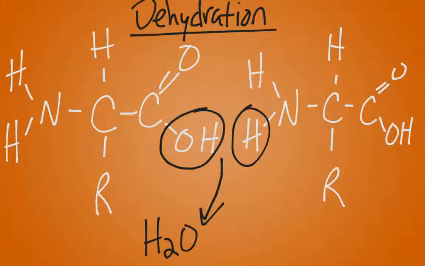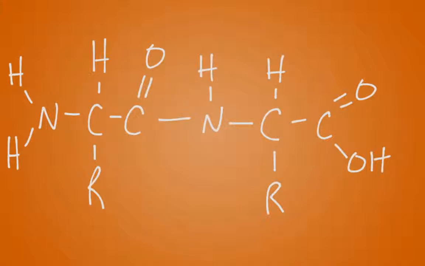We have one hydrogen right here, another hydrogen here, and that's our H2, and then we have an oxygen, and that's our O. So we're going to pull those out and form water, and then this nitrogen is going to link to this carbon, and it's going to look something like this. So here we have our two amino acids, and now they are linked together.